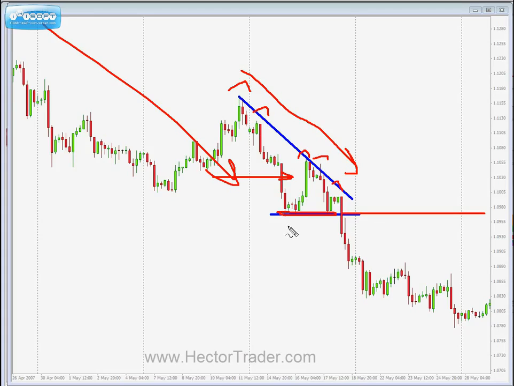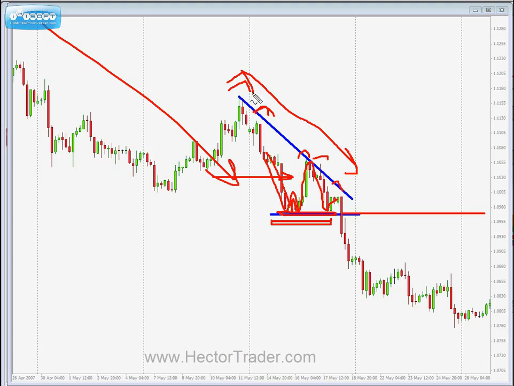Basically what happens in this type of case is that the bulls have their last line of defense, and the bears keep unleashing attacks on this level, and the bulls reject them once, reject them twice. The bears try to unleash another attack, and the bulls defend that level once again.